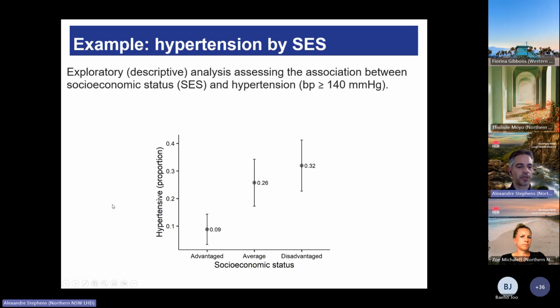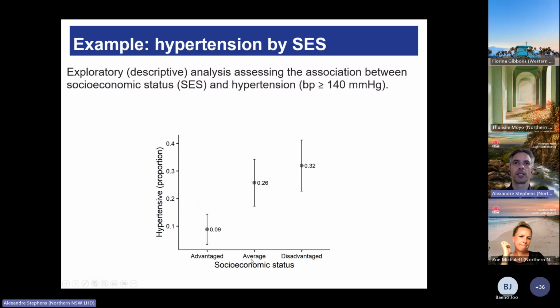So we're going to go through another hypothetical example. We're sticking with our blood pressure example here, except we're looking at a descriptive analysis, which is assessing the association between socioeconomic status and hypertension, defined as blood pressure equal to or greater than 140 millimeters mercury. So like many statisticians or analysts, we like plotting the data. So we can have a look at the proportion hypertensive across our 3 socioeconomic status groups.